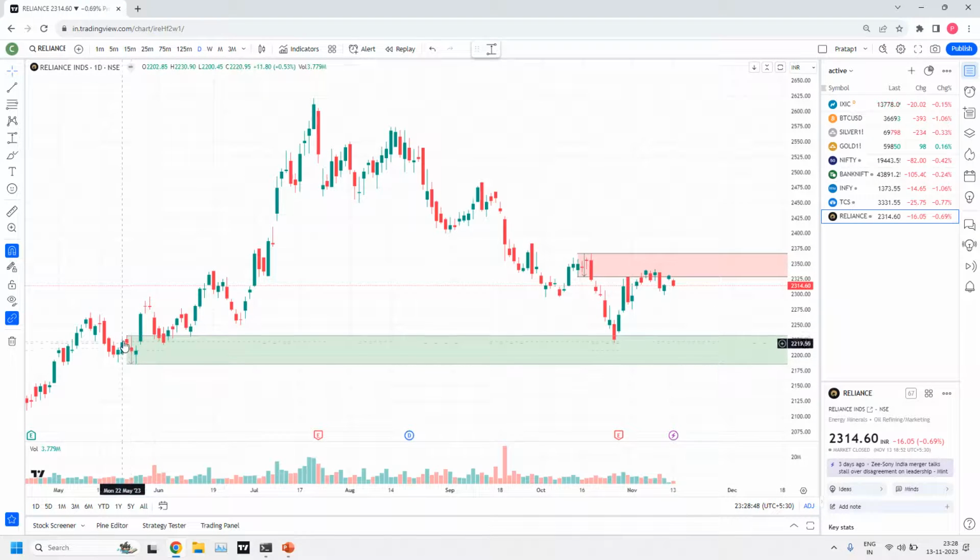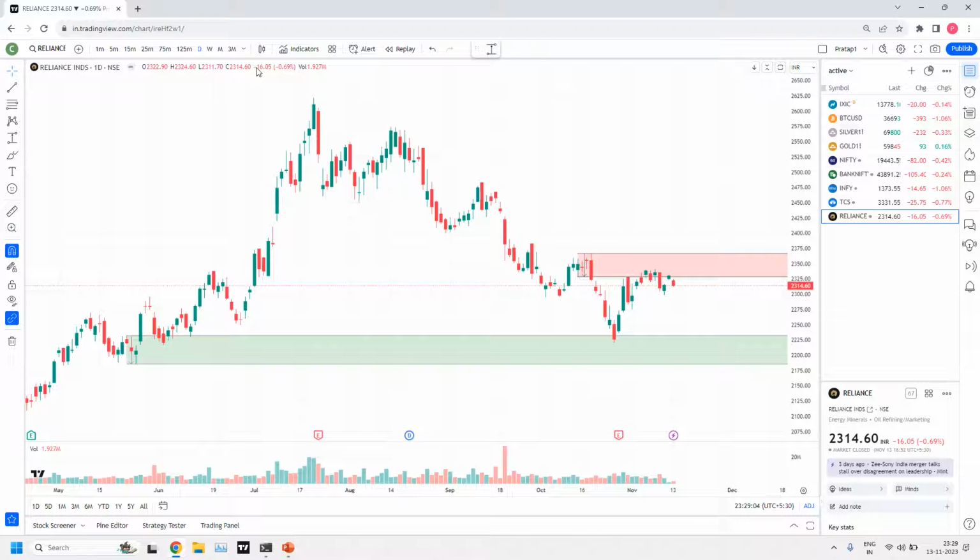So how many base candles do we have? Three base candles. What is the high of this zone? If you want to observe the prices, when I move my mouse, look at the top after Reliance.